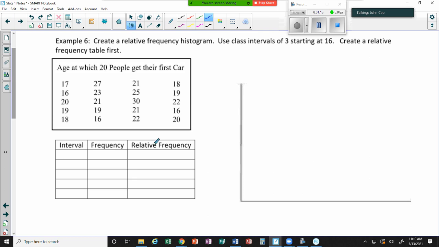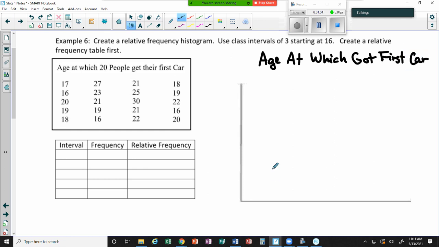So generally you can take that, the age at which they got the first car.